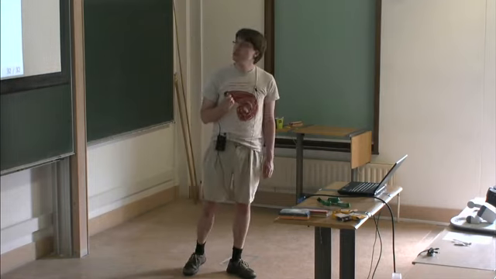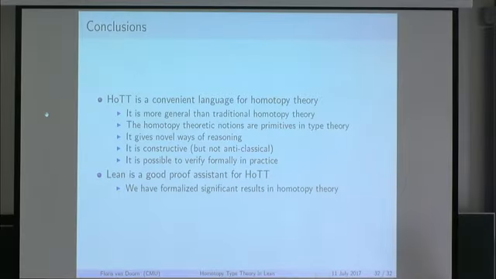So, some conclusions. Homotopy type theory is a very convenient language for doing homotopy theory. It's more general than traditional homotopy theory because you can interpret it in any model of homotopy type theory, including conventional models, which shows that if you prove something in homotopy type theory, it will also be true for just topological spaces.